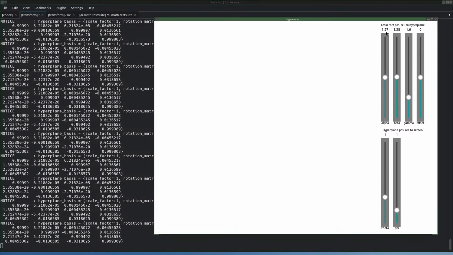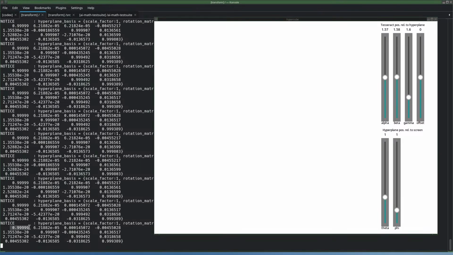Okay, so we have this one. This one just had to be a little bit larger than pi divided by 2, and this one had to be larger than that one. So it's more or less. But so now it is the identity matrix, 1 1 1 1, and the rest is 0.